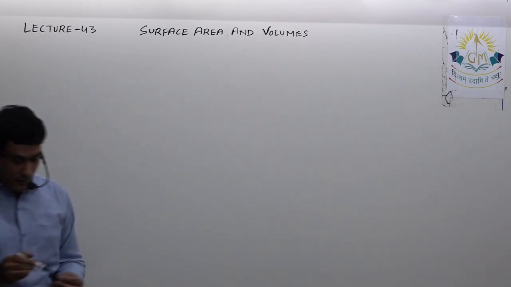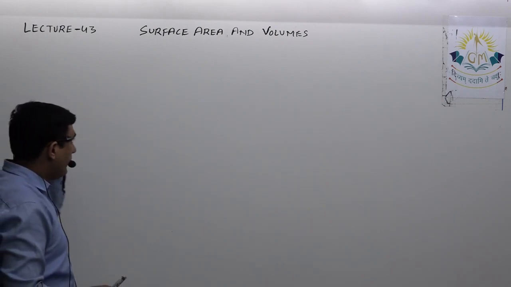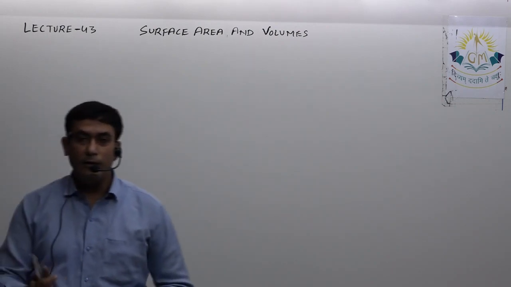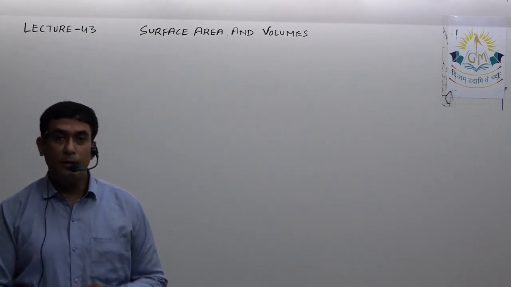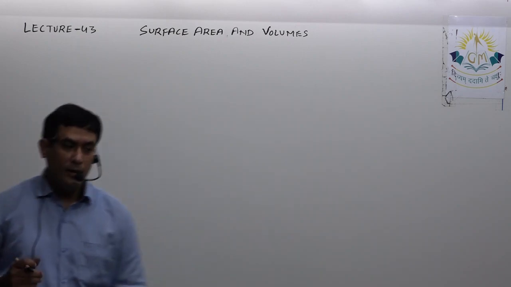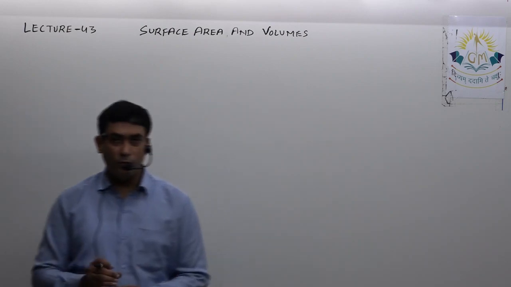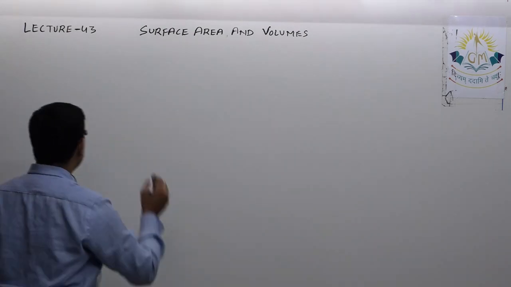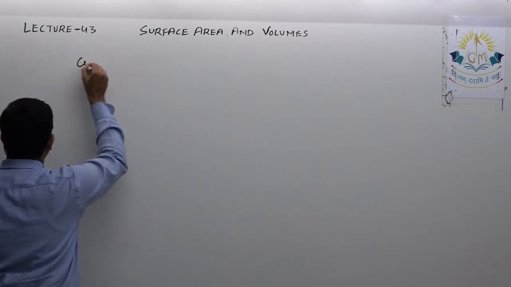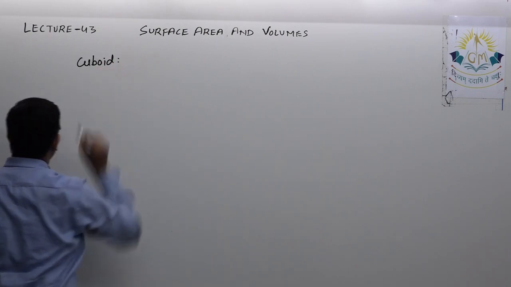In this we'll see the surface area and volume of cuboid, then cube, then cylinder, cone, sphere, hemisphere, and a new term, the frustum of cone. So we'll start with the cuboid. First of all we'll see the formulas and then we come to the problems.